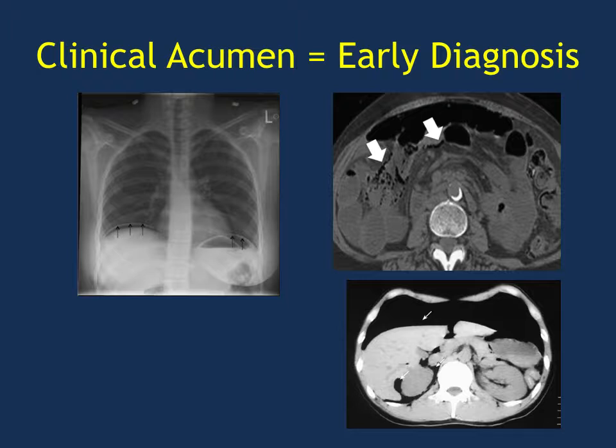So these are late signs, and what we want to impress on the students here is that a good clinician is one that doesn't see a patient only in the late stages of the disease. It's important to emphasize that anybody can diagnose somebody with an acute perforation, because they will look very sick and they will have these very obvious signs.